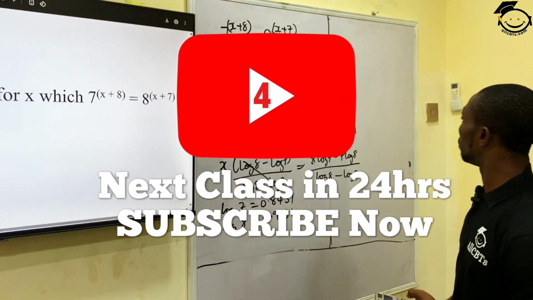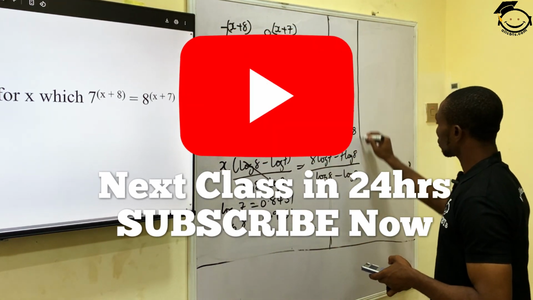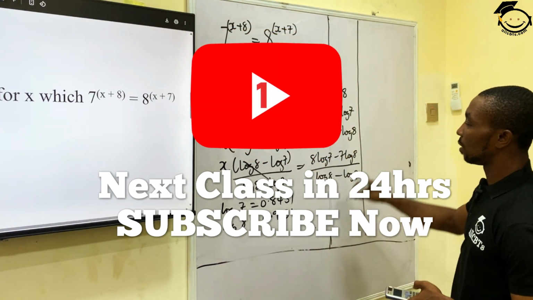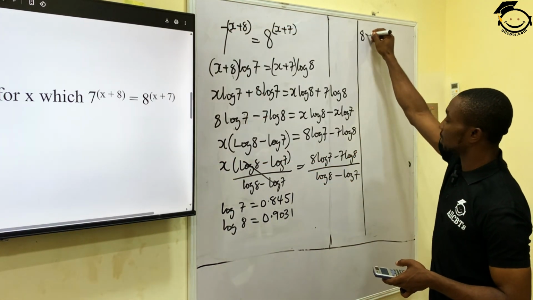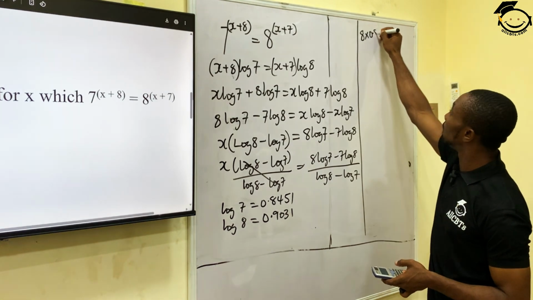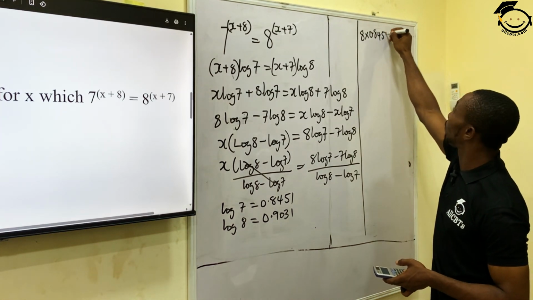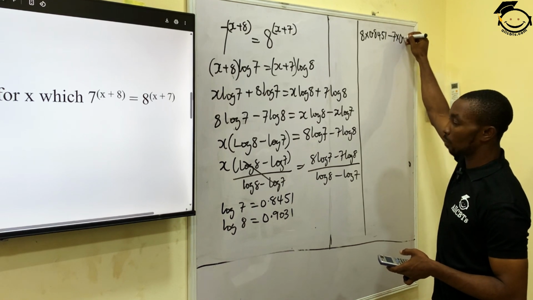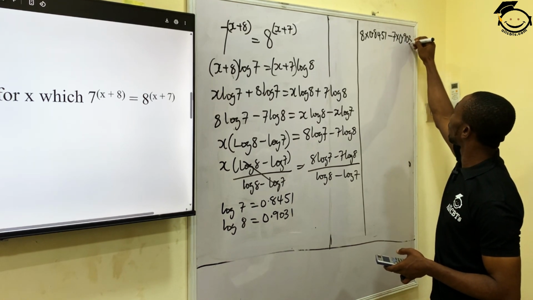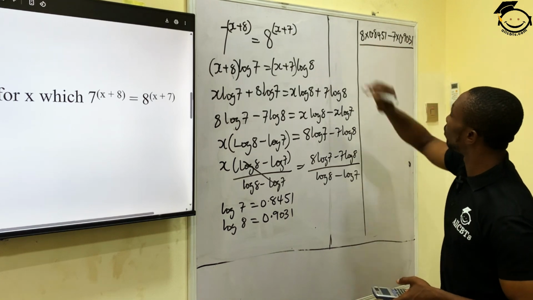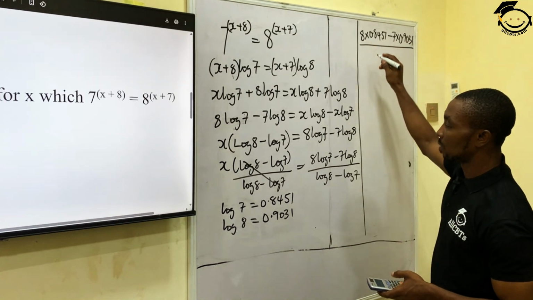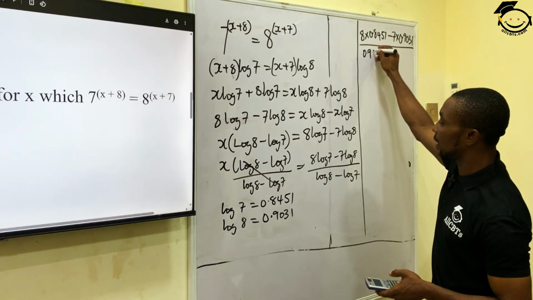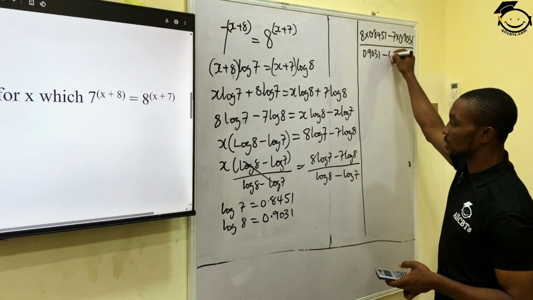Now, using these values, this becomes 8 times 0.8451 minus 7 times 0.9031 all over 0.9031 minus 0.8451.